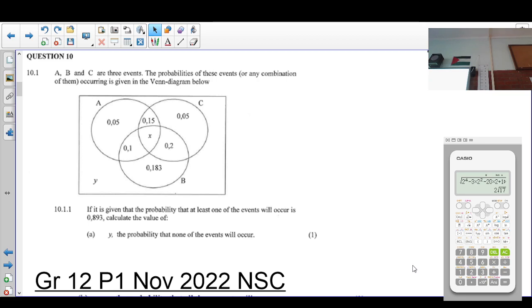People, let's look at the last one, the probability. We are given A, B, and C are three events. The probability that these events or any combination of them occurring is given in the Venn diagram below.